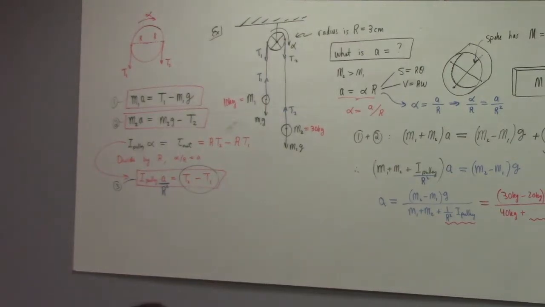So guys, how do you think we figure out the moment of inertia for the pulley? Yeah? So let me propose this. The moment of inertia for the pulley is coming from, well, 5 things.